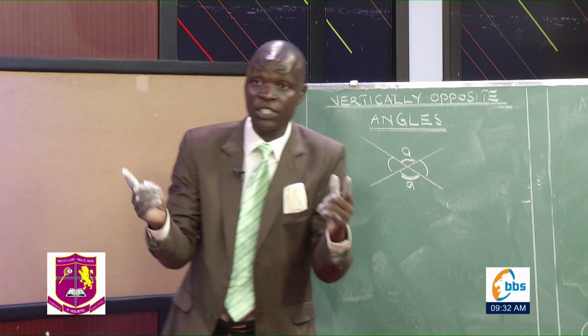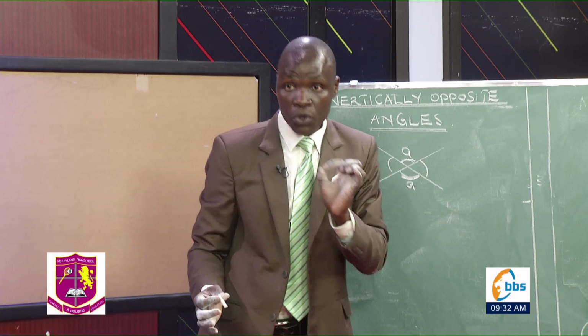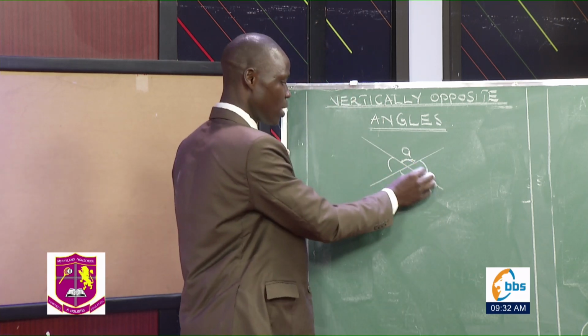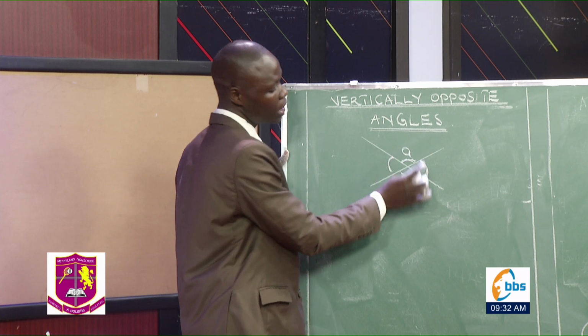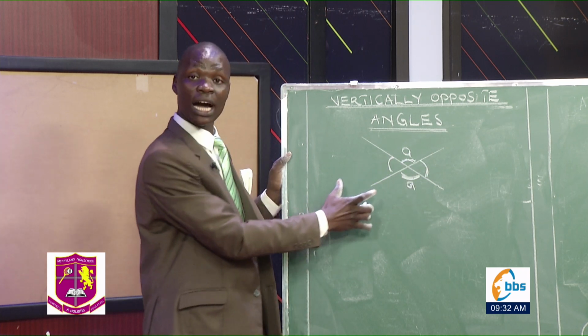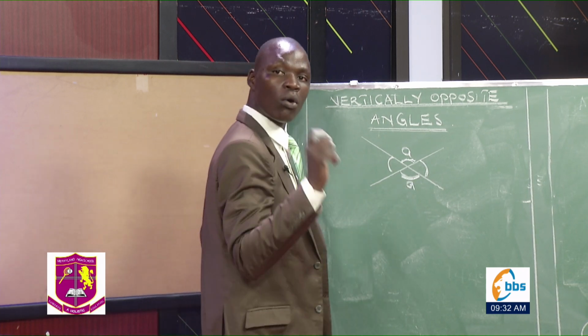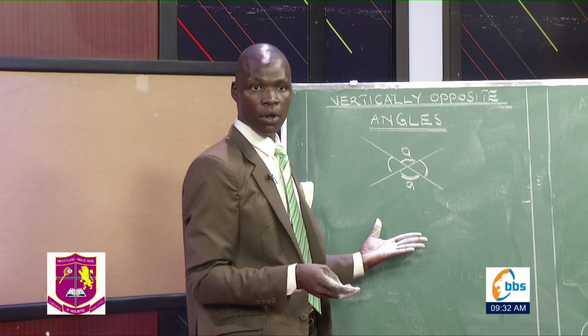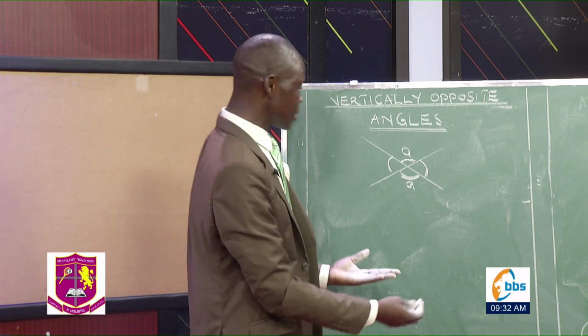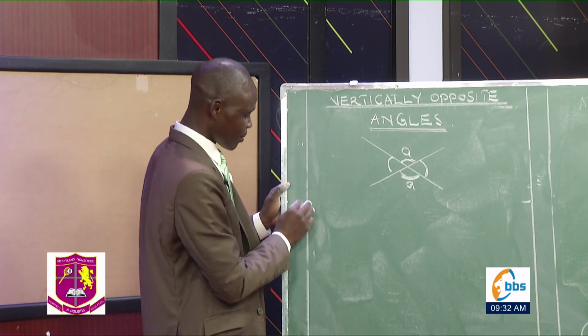So vertically opposite angles are equal. Even if you use your eyes, you can realize that this angle will be equal to this, and also this one is equal to that. These are vertically opposite angles. We can have an example of an equation.